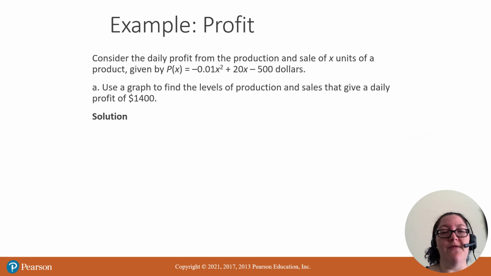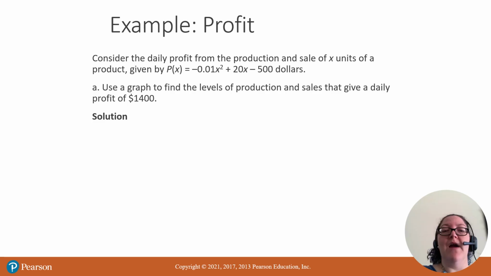Now with profit, same problem, except what's different is the style of questions that we're asking. So consider daily profit for a production company, where it has x units being sold, is given by P of x equals negative 0.01x squared plus 20x minus $500.